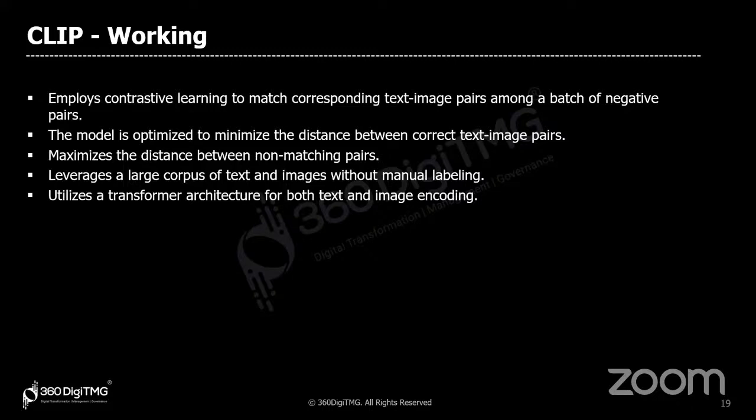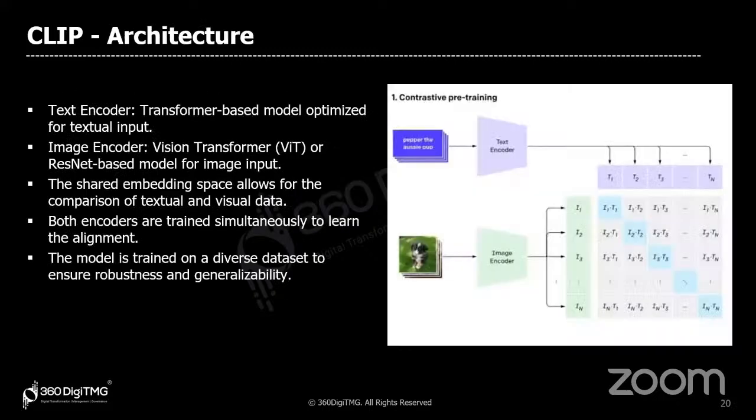It leverages a large corpus of text and images without manual labeling. Then it utilizes transformer architectures for both text and image encoding. So in the text encoder, a transformer based model is optimized for textual inputs.